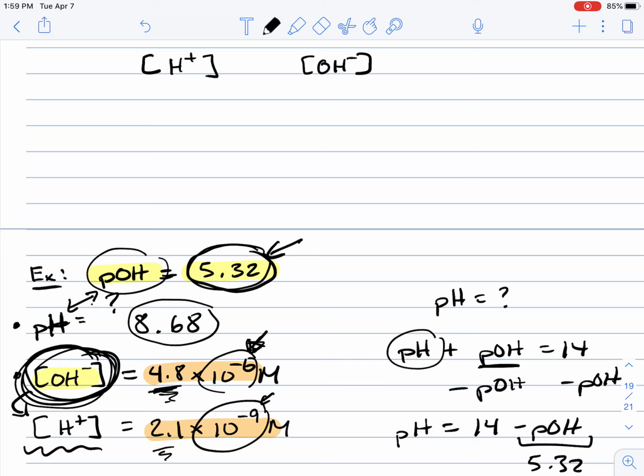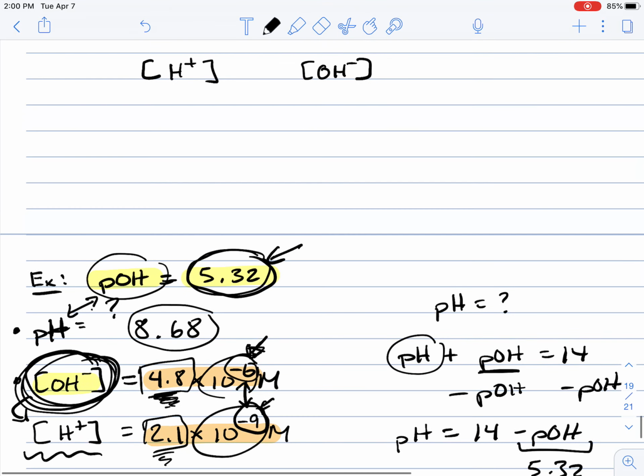I'll only use 4.8 if the exponents are the same. So if I have times 10 to the negative 6 up here and times 10 to the negative 6 down here, then I'm going to use the number. But since they're different magnitudes, negative 6 and negative 9, I'm going to look at those first.